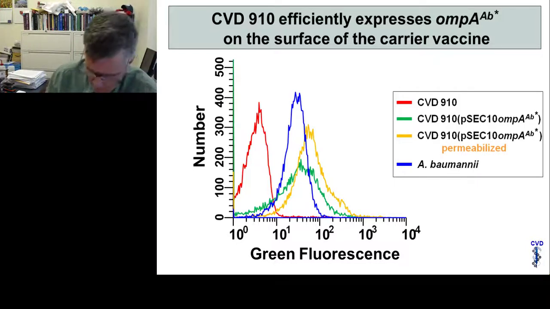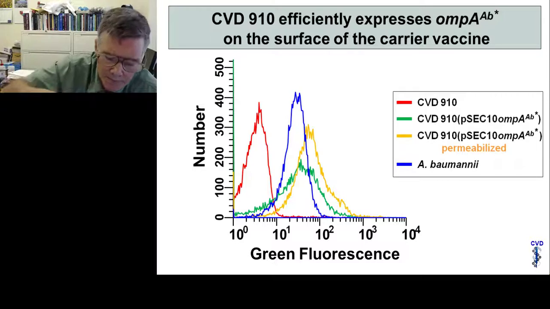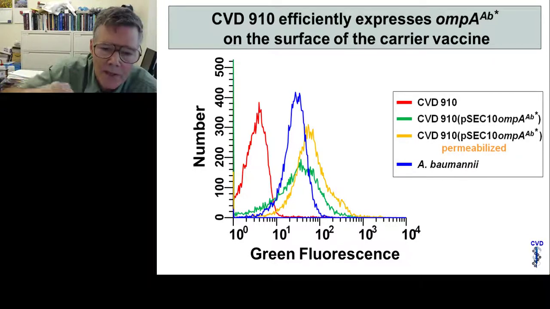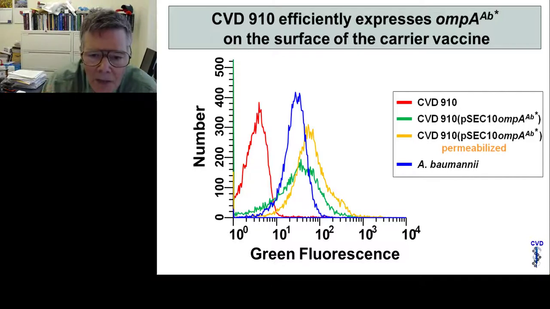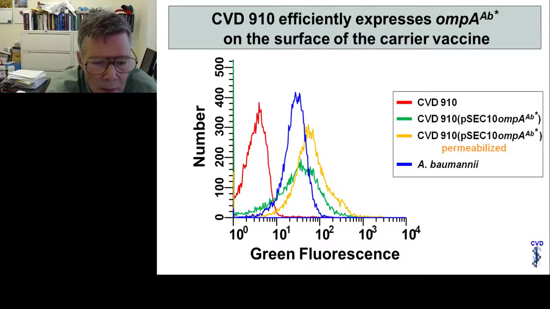However, we decided we wanted to do an experiment where we permeabilized the CVD910 expressing AB-AMP. So this allows antibody to get all the way into the periplasmic space. So the idea is, what is the maximum amount of AMP that we can detect, whether it's on the surface or buried inside the periplasm? And you notice the overlap between the green curve and the yellow curve. We're getting about 60% surface expression of AMP, which I thought was really quite good.